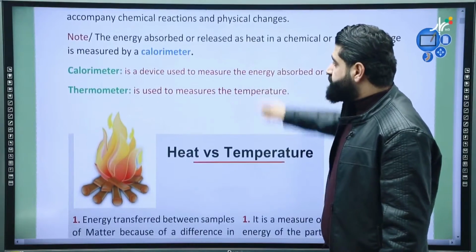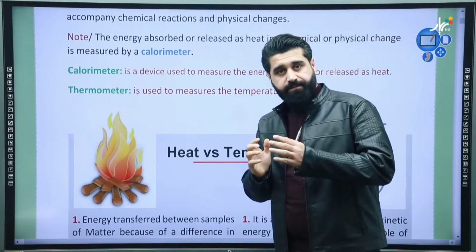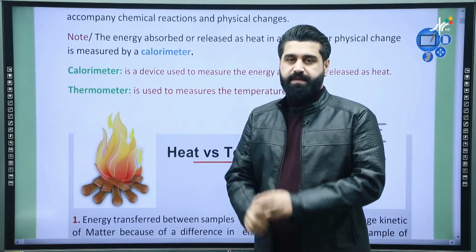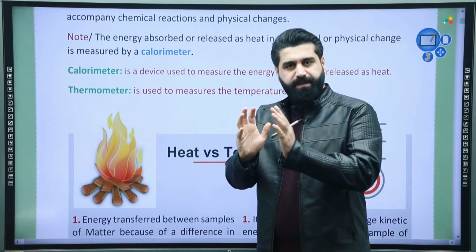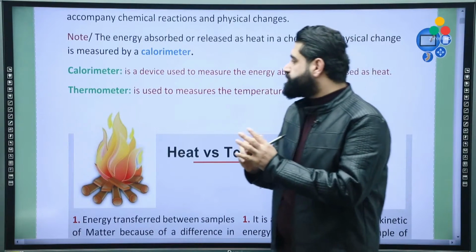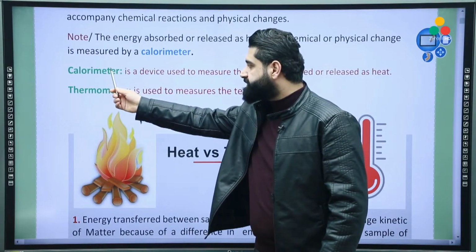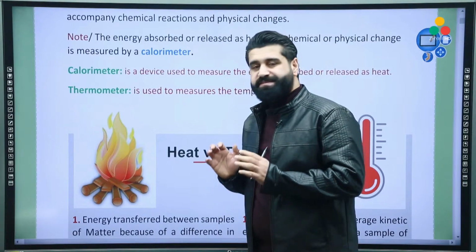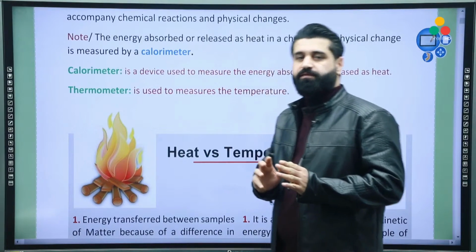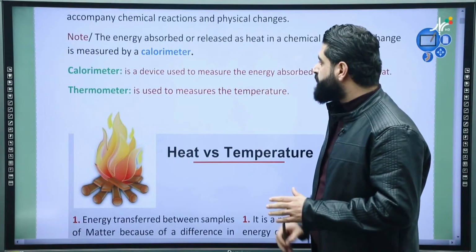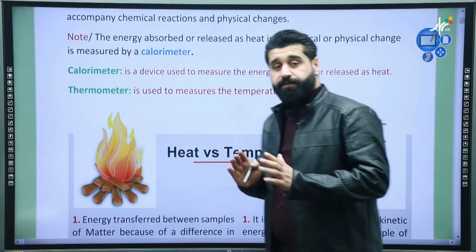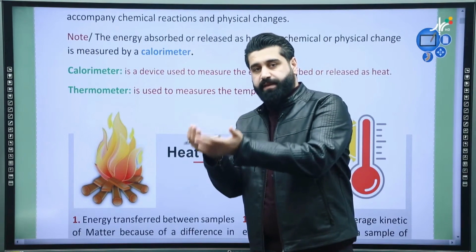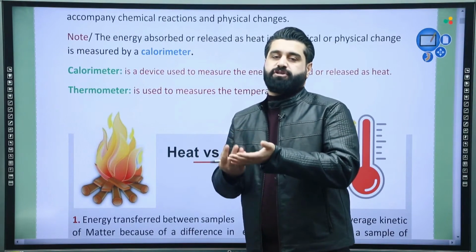The amount of energy transferred, either absorbed or released, is measured by a special instrument called a calorimeter. From now on, there will be a common mistake by you during the final examination. You don't know how to differentiate between an instrument of measurement and a unit of measurement.